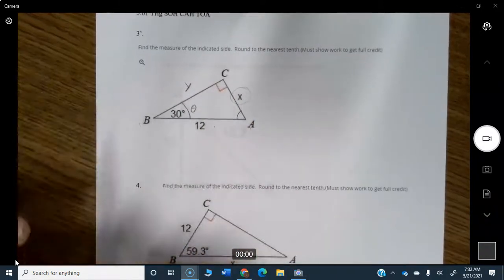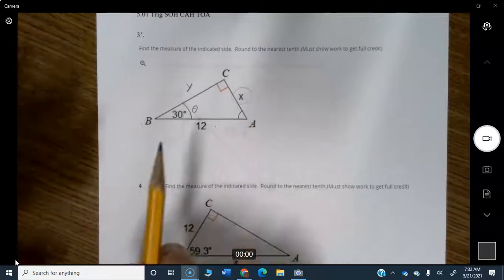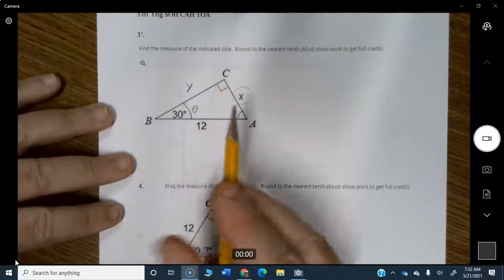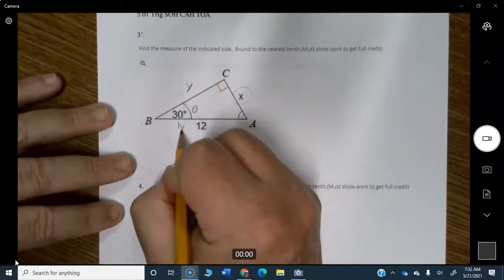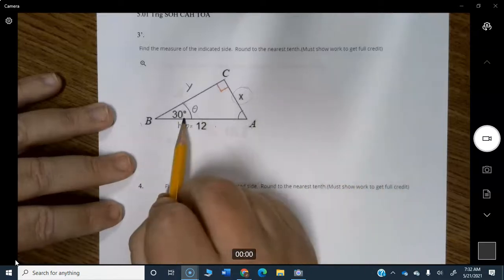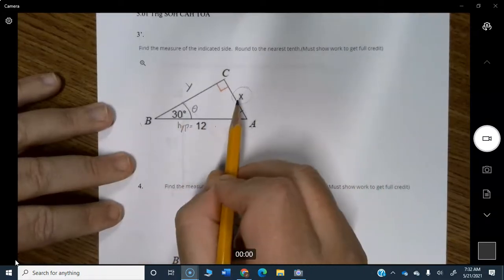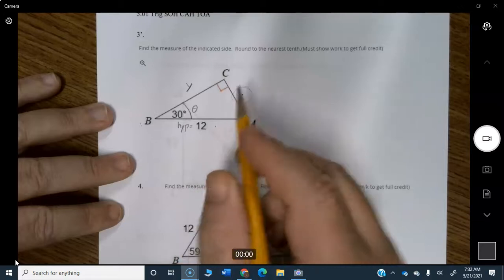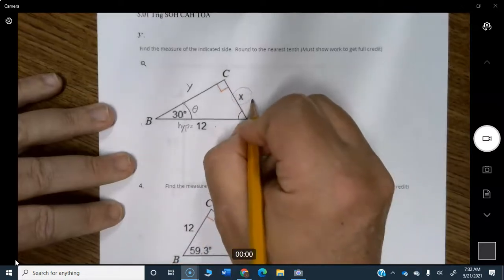The first thing you do in every one of these problems is label the sides. The longest side is the hypotenuse. Then here's the angle that we're interested in. The side across the triangle from it, this side with the x, is the opposite.